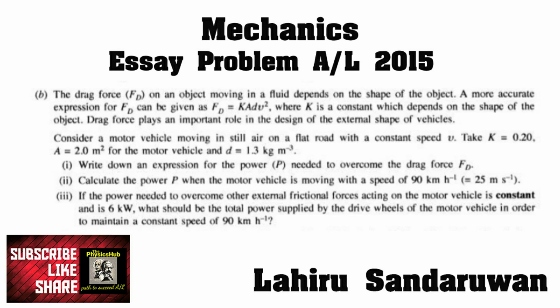Part 3. The power needed to overcome other external frictional forces acting on the motor vehicle is constant and it is 6 kilowatts. What should be the total power supplied by the drive wheels of the motor vehicle in order to maintain constant speed 90 kilometers per hour?